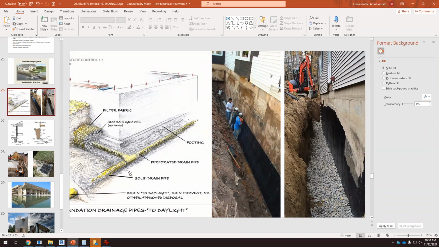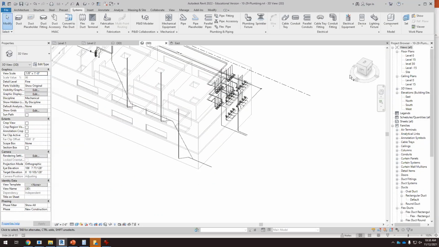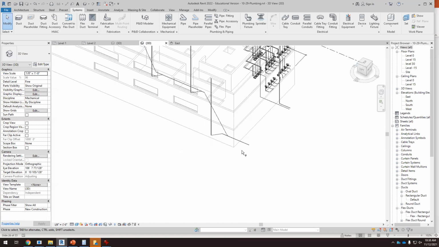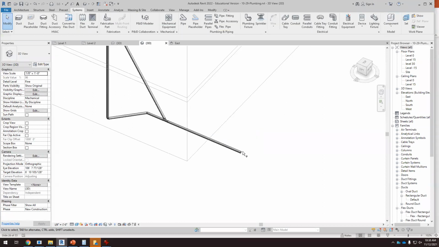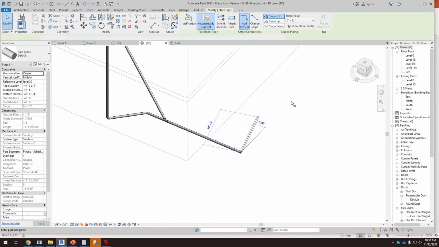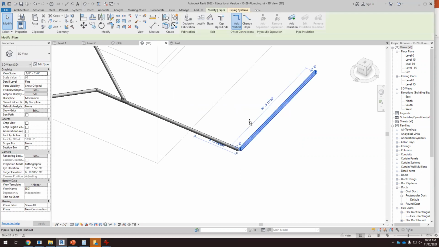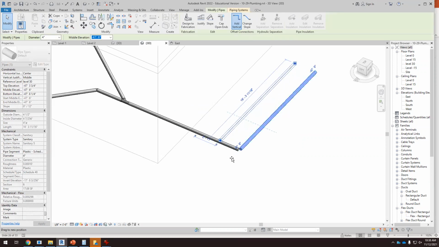How can we do that in Revit? Well, at the same level we have here, we can place another pipe. I'm going to draw pipe, something like that. Then I'm going to delete this elbow, and I'm going to move it this way.